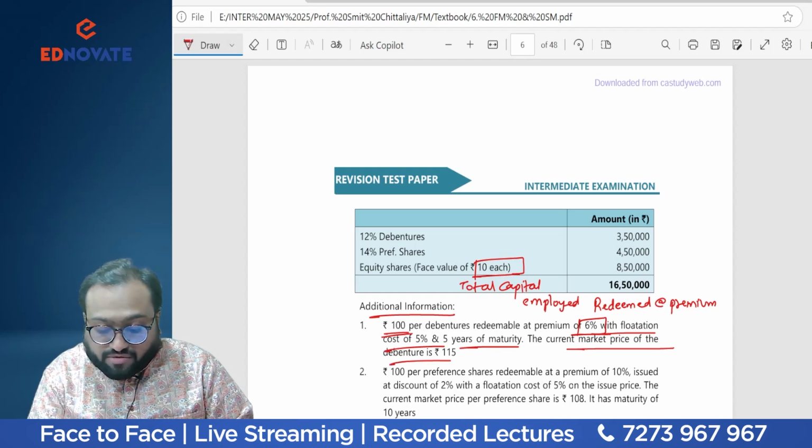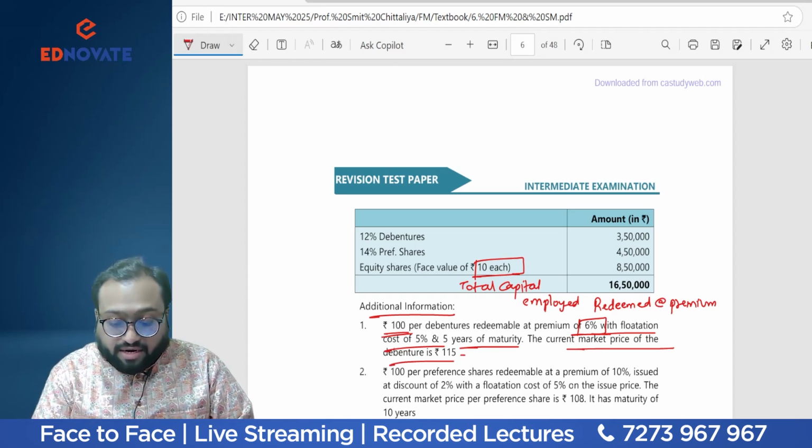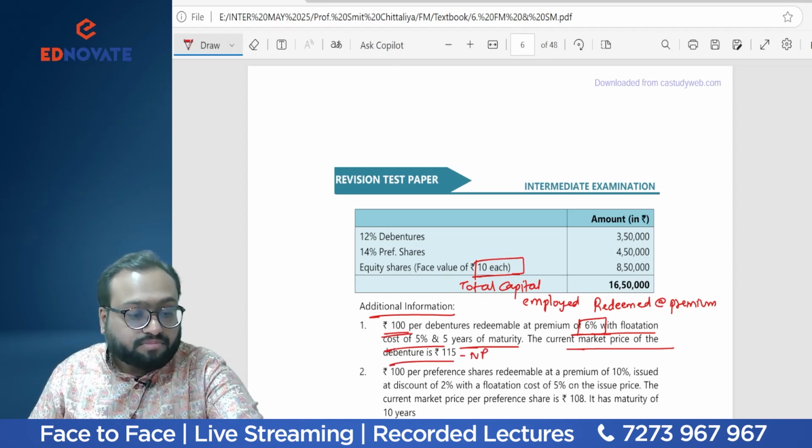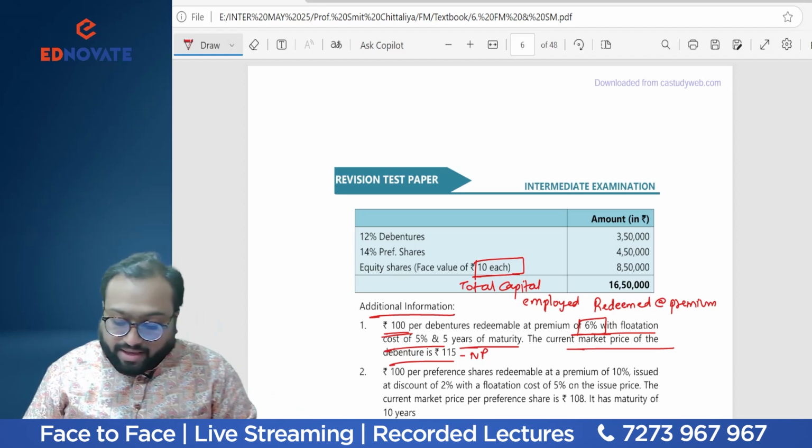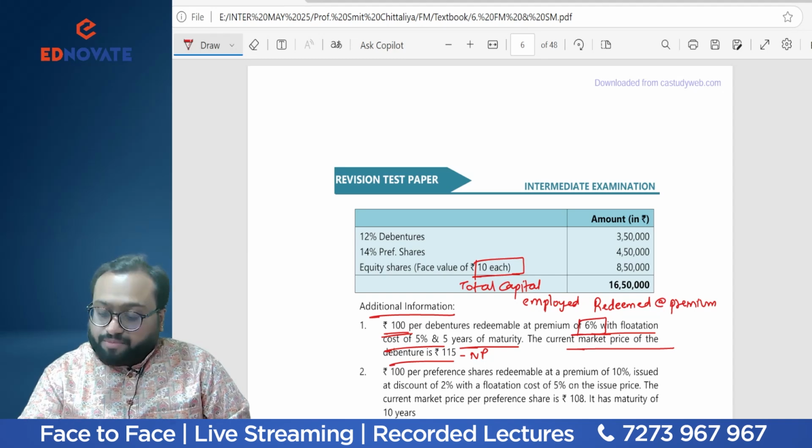The current market price of the debenture is 115. So 115 will be your net proceeds. Am I right?